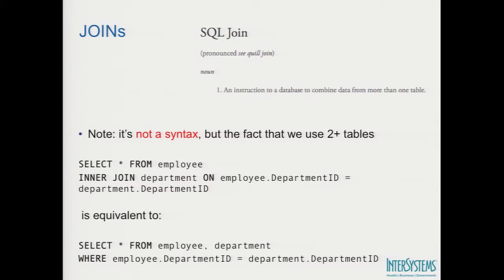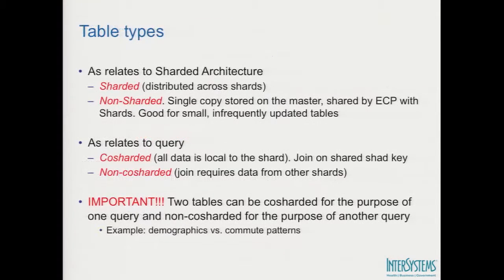So let's take a look at the table types that we might have as it relates to joins and sharding architecture. In a sharded architecture, a table can be sharded, or distributed across multiple shards, or a table can be non-sharded.